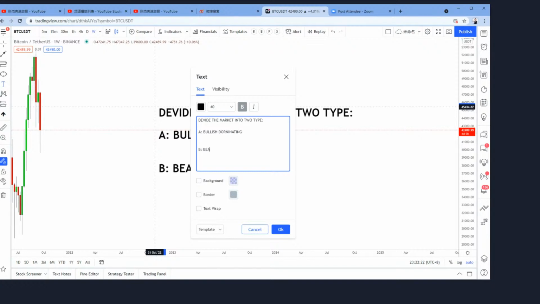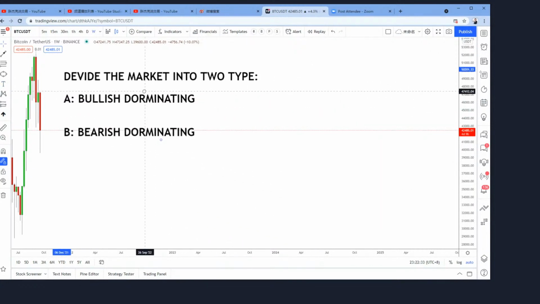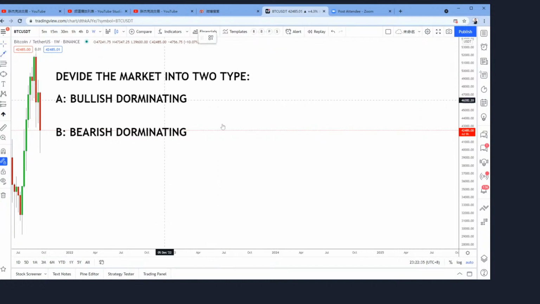Type B, bearish dominating. So can you describe what is the behavior of type A? Anyone? What does a bullish dominating wave look like?